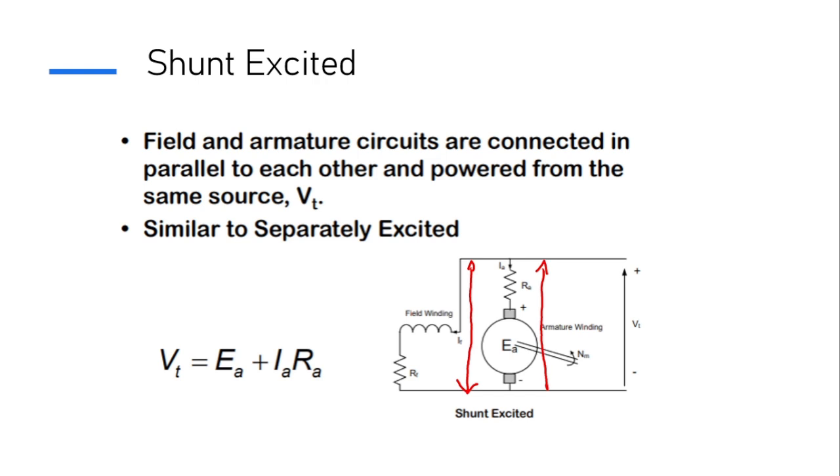So you'll have IF and IA. Just know that this is your input current, and IL is basically your field current plus your armature current, because they're in parallel with each other. And this will be the same, but it's based on the loop that you're in. Just keep that in mind. Very important.